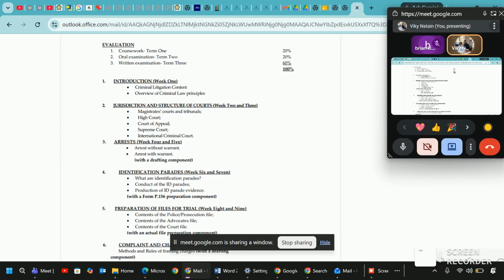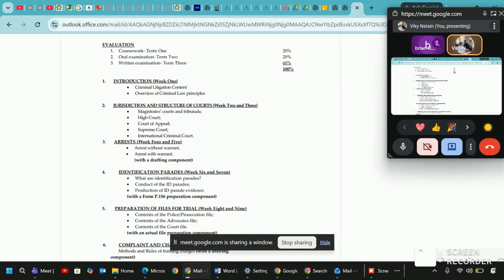damages. So if you read section 29 of the Criminal Procedure Code, it states that a police officer may arrest anyone without a warrant if the person is suspected on reasonable grounds of having committed a cognizable offense. Okay?